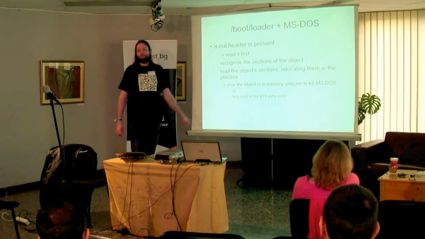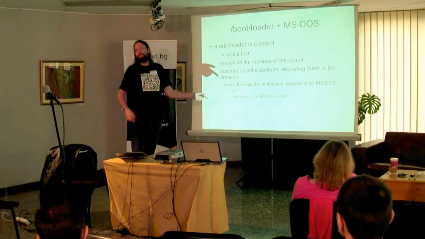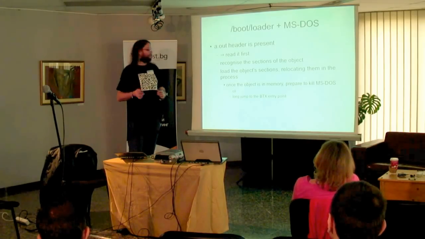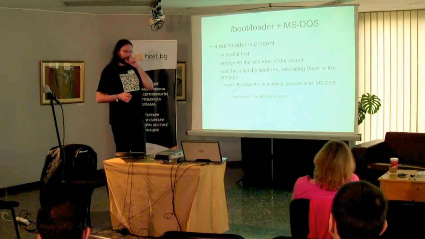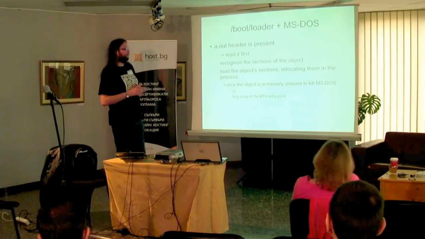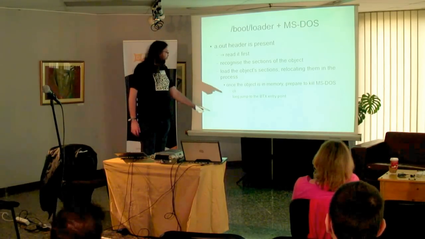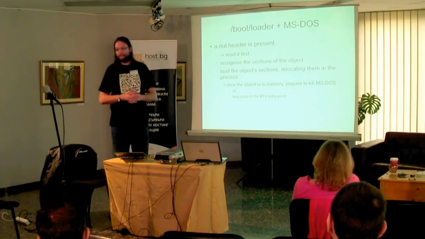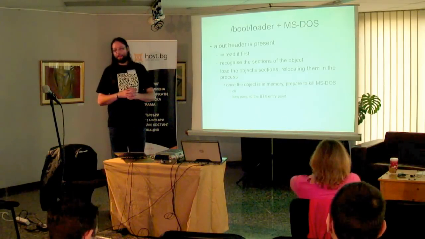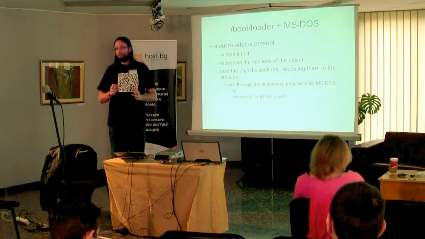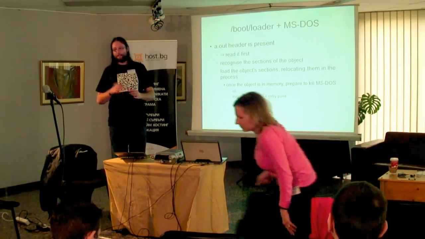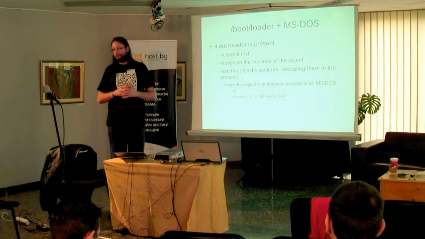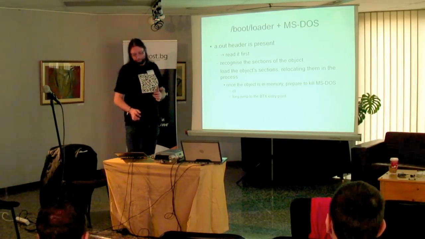You have to issue clear interrupts, which means that all of the interrupts are not reaching the processor, excluding the non-maskable interrupt, which is already quite bad anyway. And then you have to long jump to the BTX entry point. And it's pretty much enough. Once the BTX microkernel is up and running, the rest of the system is going to boot by itself.